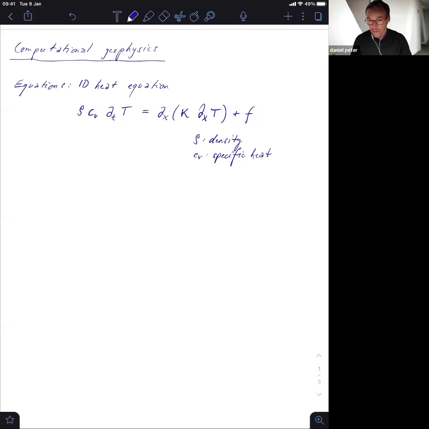When we write it in this form, we use a very general expression. So if our medium is homogeneous, does it mean that kappa will not change with x? Exactly, right. Then we can say kappa is a constant, yes.